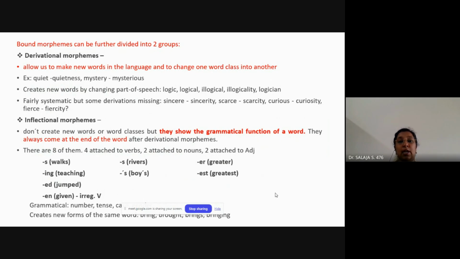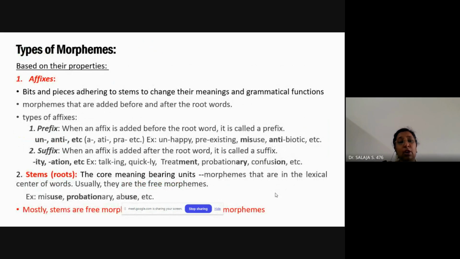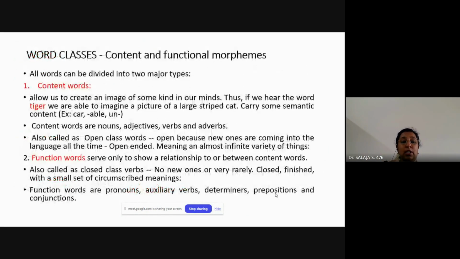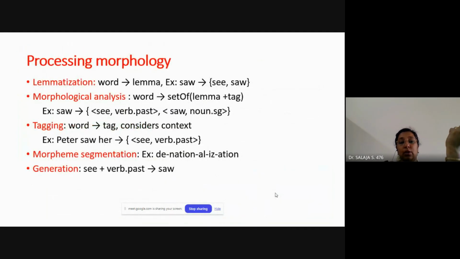But if it is converted to either singular or plural, or it takes in different tense, then you call it inflectional morphemes. We also have different types of morphemes based on the properties, on how they are joined, how they are sliced, how they are being converted, so on and so forth. So we have a lot of terms. This is what we were talking about in the previous class.